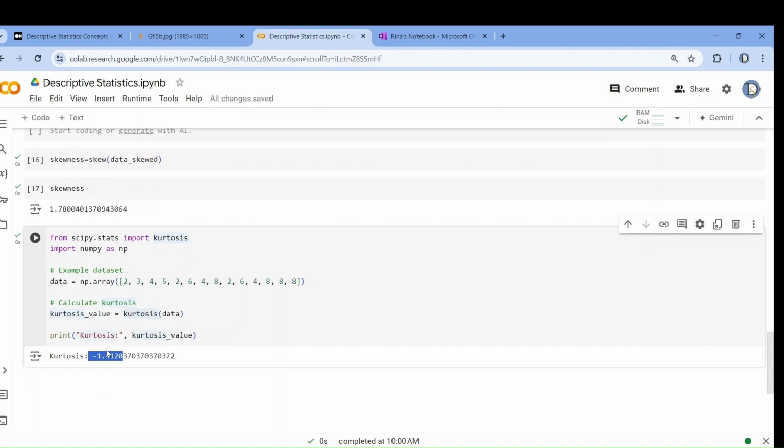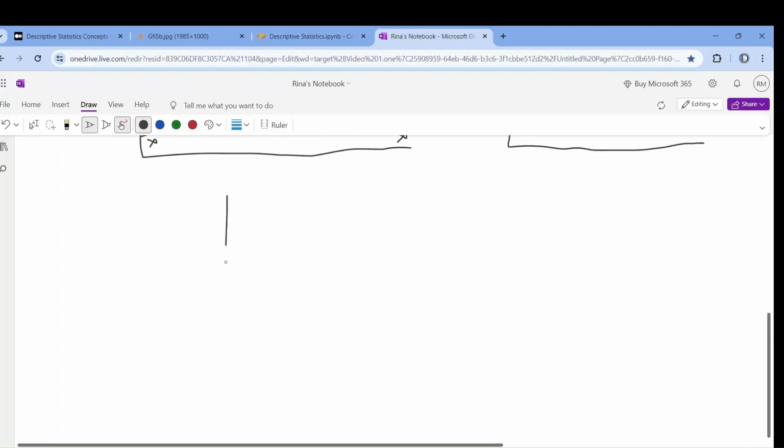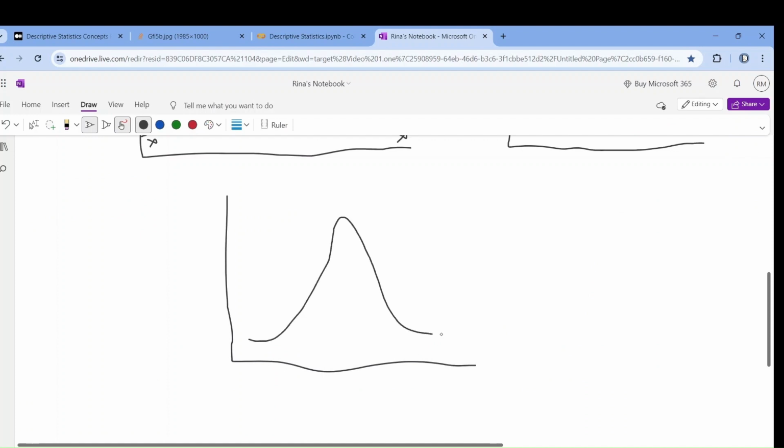Okay, so negative kurtosis means that the distribution of the data is flatter than the normal distribution. If the normal distribution is like this one, sorry for my drawing, then the negative kurtosis will look like this one. So the data set has fewer extreme values and less variability.